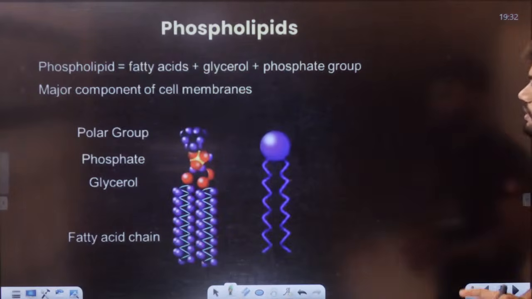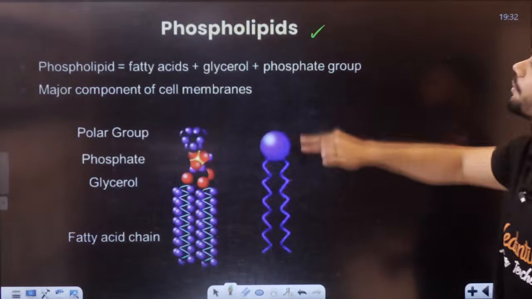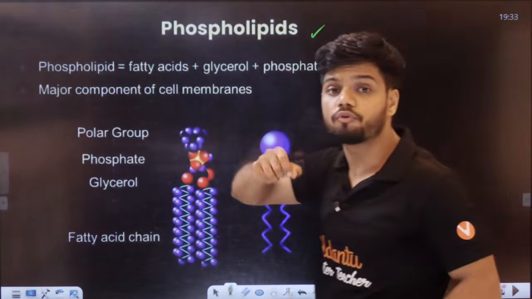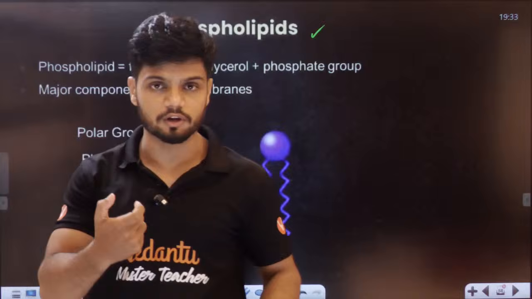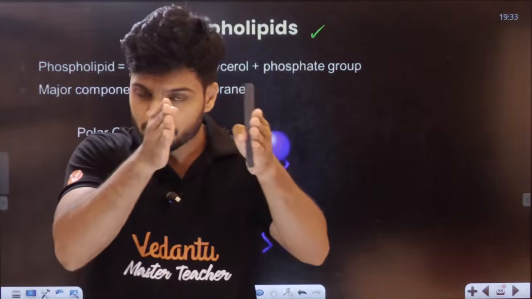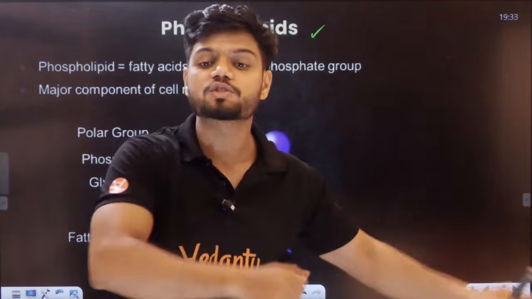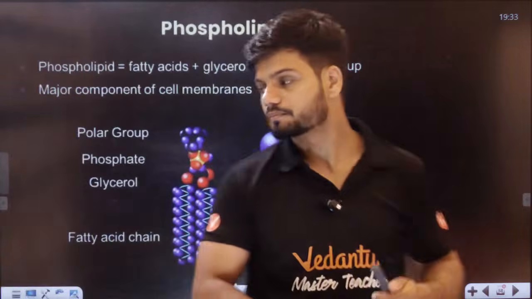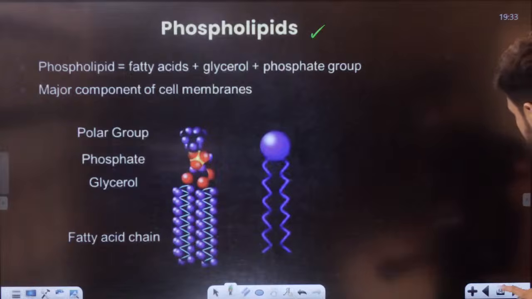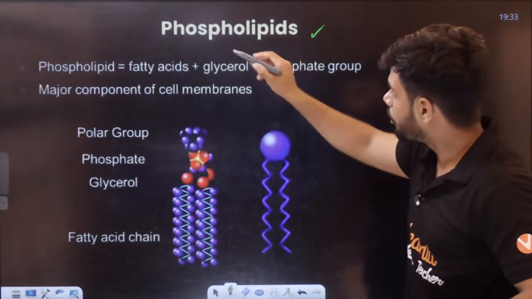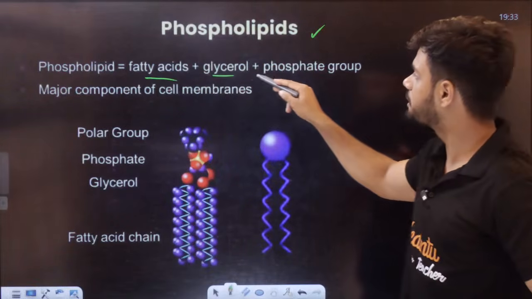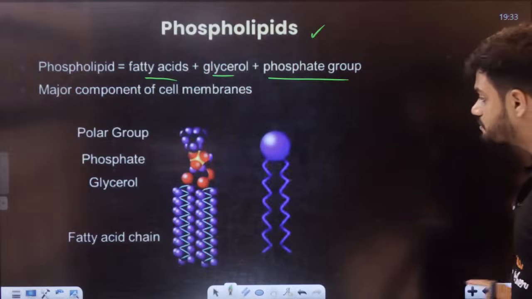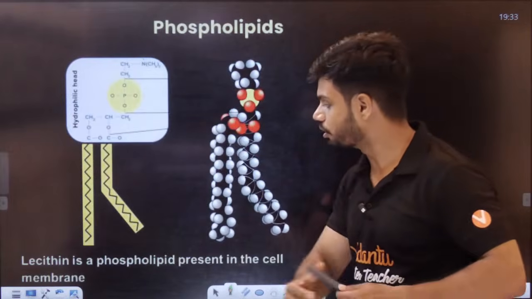One example which is given in your NCERT is phospholipid. In the case of phospholipid, we take a fatty acid, glycerol, and add a phosphate next to it. When we add all three, fatty acid plus glycerol plus phosphate group, we end up getting something called a lecithin molecule.